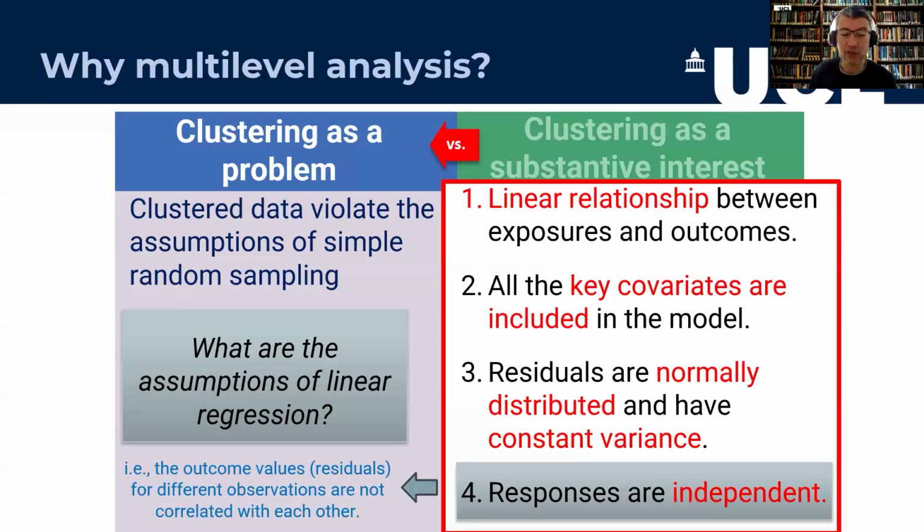And as you can imagine, this is the assumption that doesn't hold when we have clustered data. This is because we might expect, for instance, that pupils who attend the same schools, or residents of a certain area, might not be independent of each other in their responses.